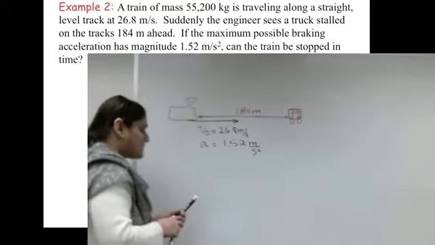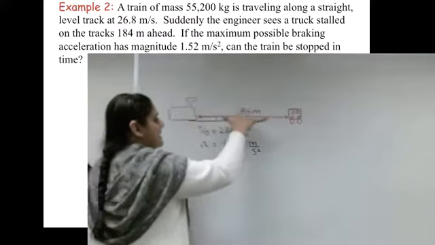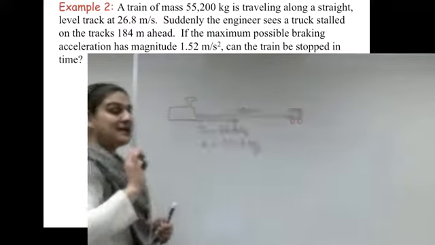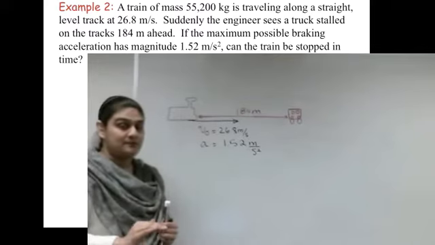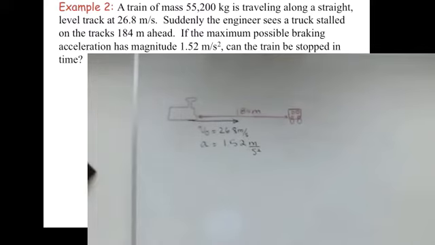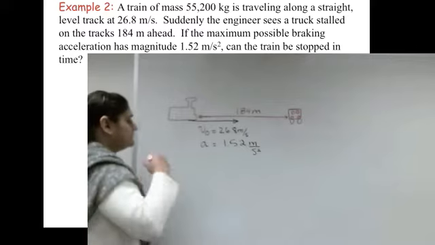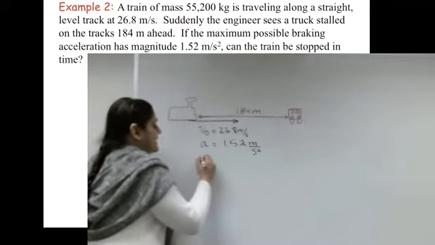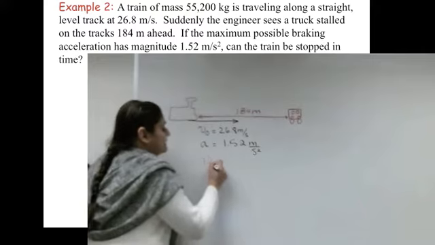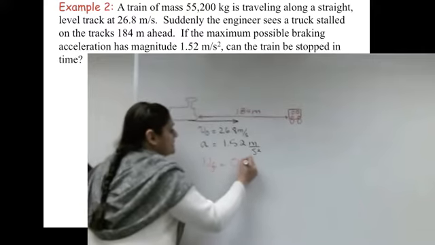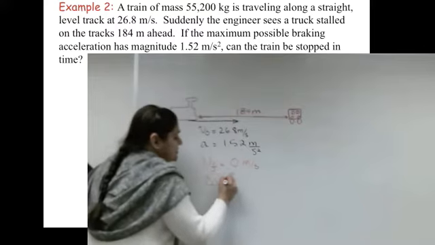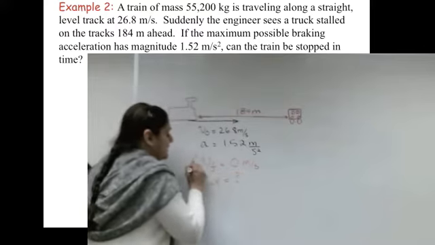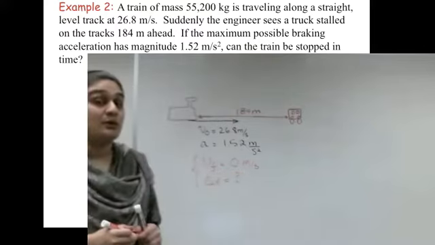And at the final moment, the final velocity will be zero. So the question basically is asking you, find, at final velocity 0 meters per second, how much distance do you need to travel in order for this condition to hold?